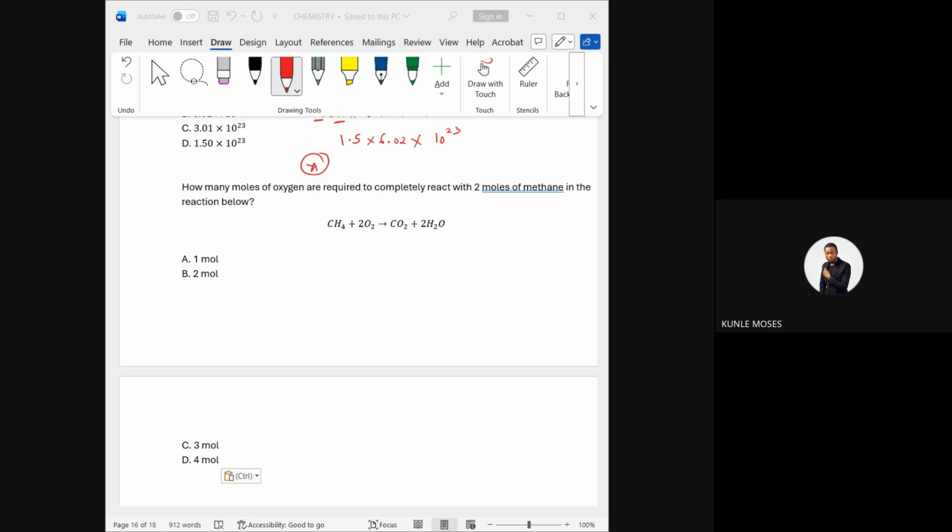Now, what if they ask you to find the mass of oxygen? Only 4 moles. What if they ask to find the mass of oxygen?